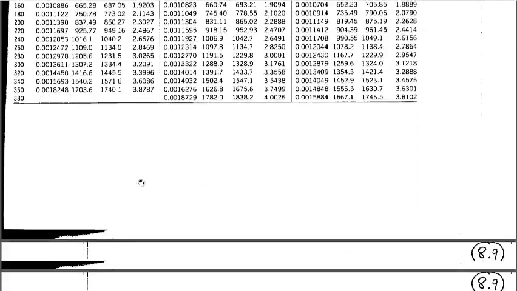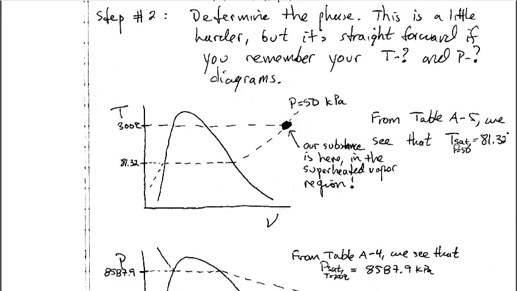And that's what I have written right here. So that temperature corresponds to when the pressure is 50 kPa. When water is at a pressure of 50 kPa, it saturates, or it boils, at 81.32 degrees Celsius.